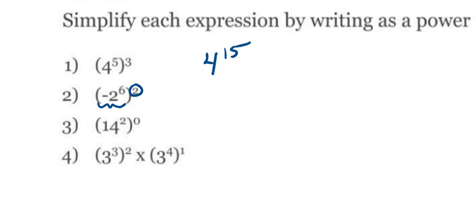Positive, because the exponent is positive. If a negative number is raised to an even exponent, the thing's going to come out positive. So that's kind of a tricky little guy there. Either way, it's still going to be 2 to the power of 6 times 2, so 12.